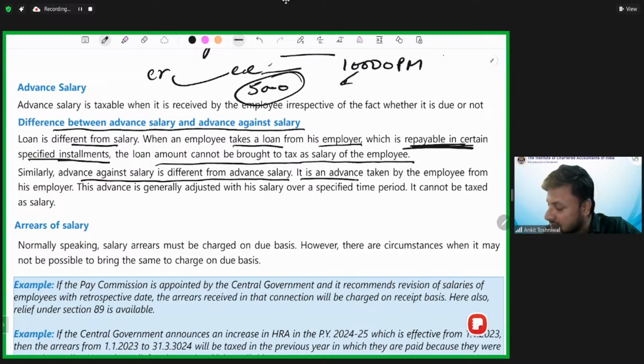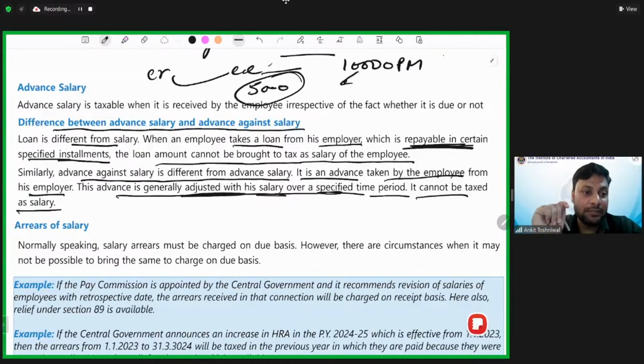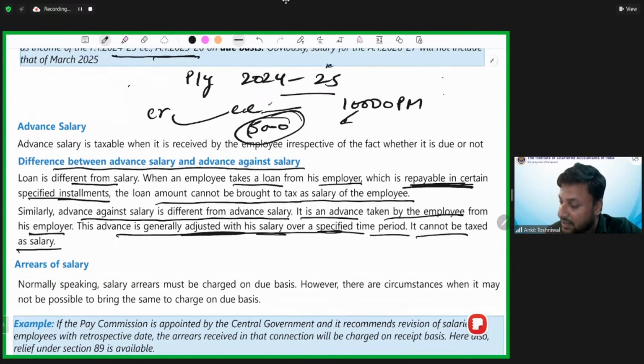Right? It is repayable. Similarly, advance against salary is different from advance salary. It is an advance taken by the employee from the employer. This advance is generally adjusted with salary over a specified time period. It cannot be taxed as salary. It is not salary. In this case, if he received an advance against the salary of 5,000, he received an advance, not advance salary.